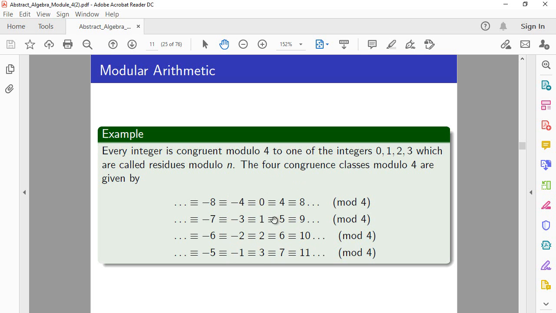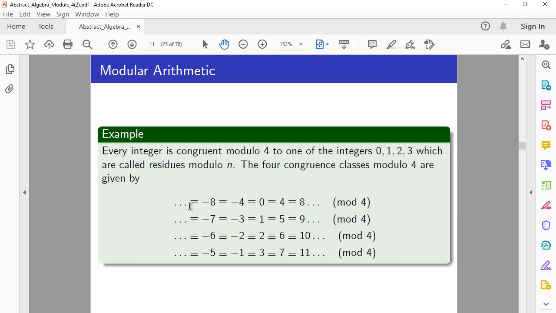Remember, congruency is an equivalence relation. This one is the class containing 0, this one is the class containing 1, the class containing 2, and the class containing 3. So these are the distinct classes modulo 4. Any other class would be equal to one of them. The class of 4 would be the same as the class of 0, the class of 5 would be the same as the class of 1, and so on.